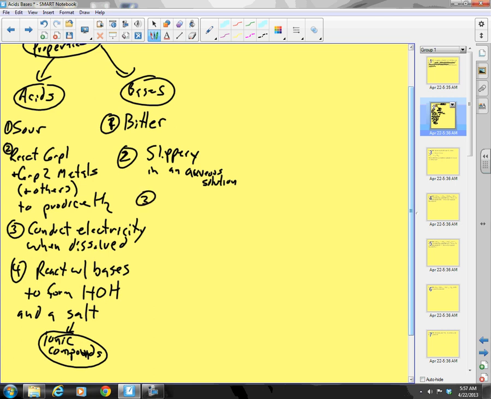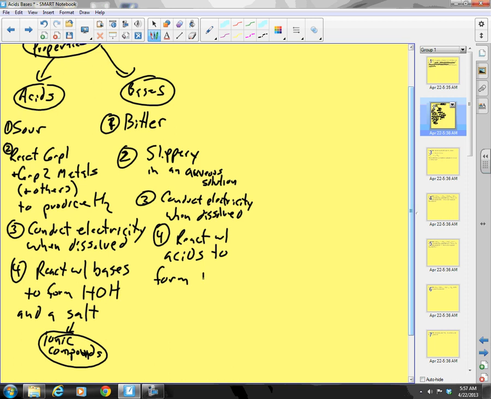Number 3, they do conduct electricity when dissolved. Number 4, what else? Oh, they're going to react with what? With acids, and when they react with acids, what are they going to form? To form water and a salt. All right, good.